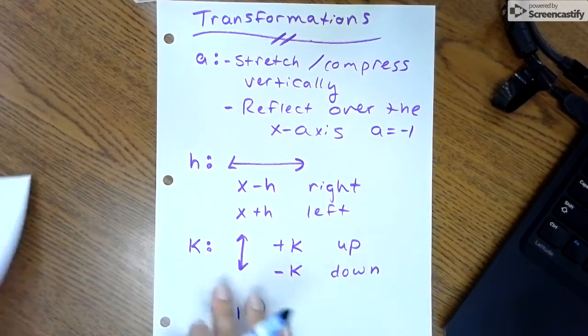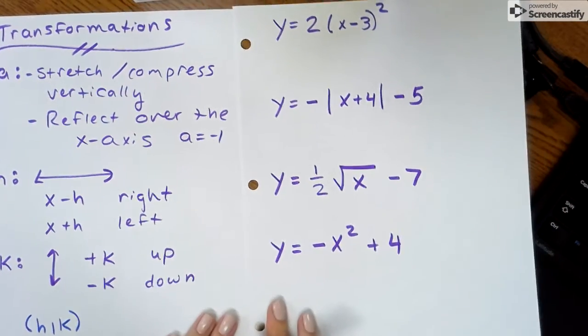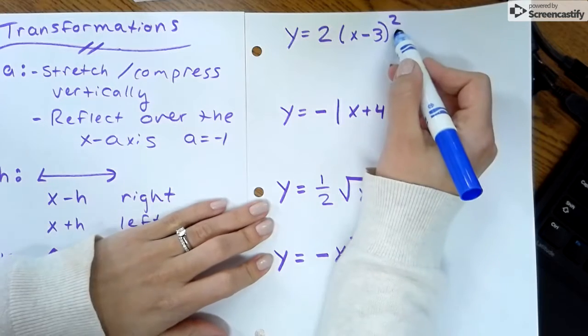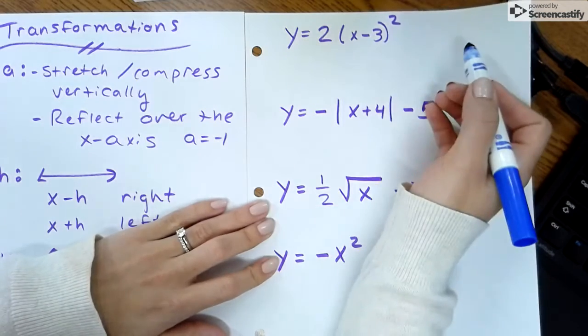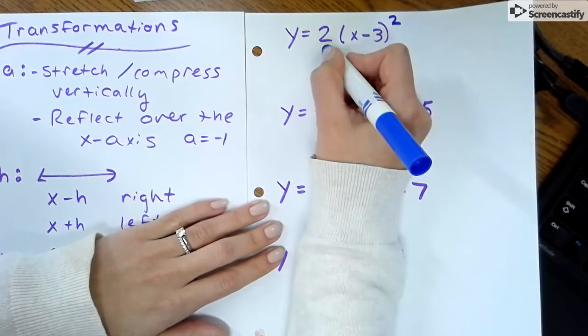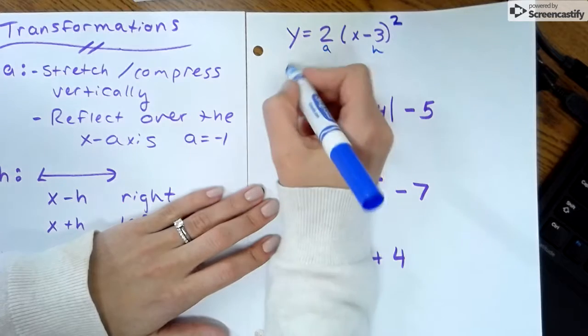So what I want to do is just look at a couple examples here. And all I'm going to do is give the equation, and then we're going to state what the transformation was that took place. So looking at this, I see that it's a quadratic, and it could be any function, but this one is a quadratic because it's a degree 2. So right now I'm seeing an a value of 2, and then I see this h value of 3.